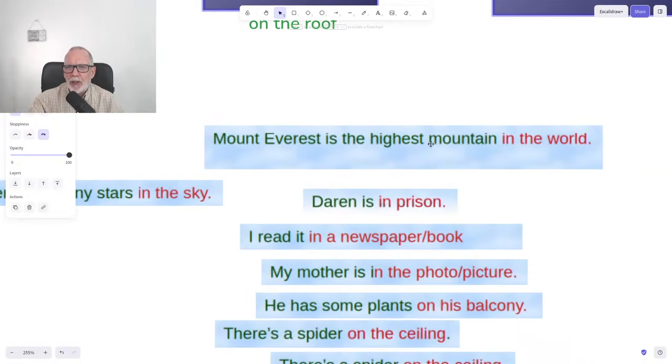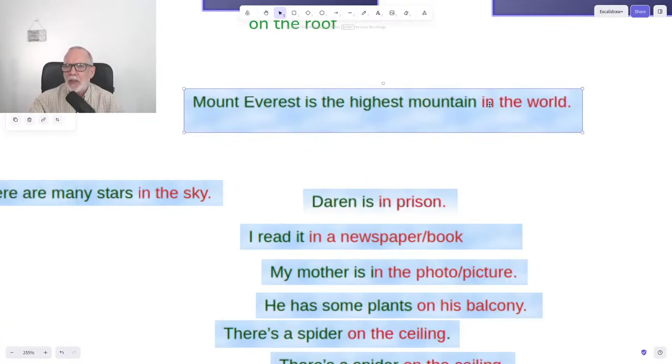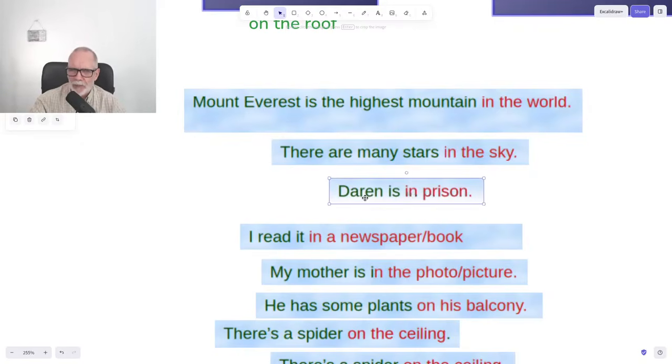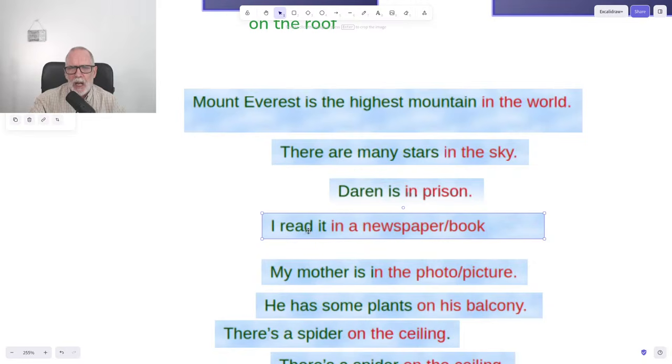Mount Everest is the highest mountain in the world. So, in the world, en el mundo, there are many stars in the sky, en el cielo. Darren is in prison. I read it in a newspaper, or I read it in a book.